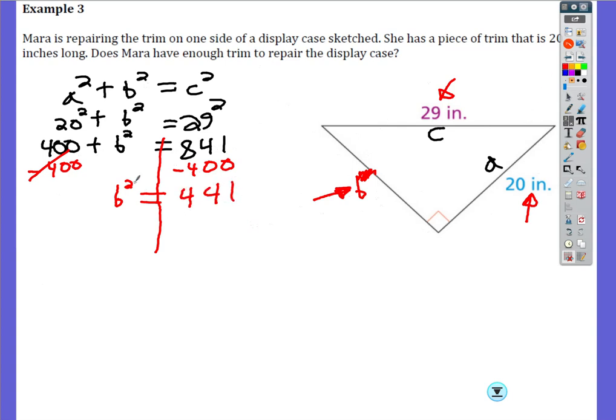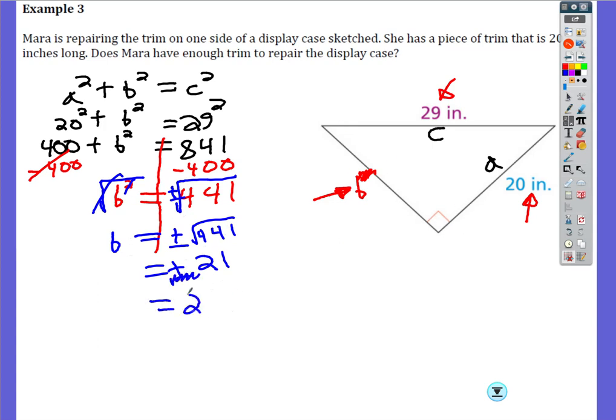Now we've got the square by itself, so all we have to do is undo the square. Square root both sides, that cancels out the square, and I get b is equal to plus or minus the square root of 441. The square root of 441 is equal to 21. Of course, this is a length, so we're not dealing with a negative value. We just get b is equal to 21, and we'll tack the units on as well.